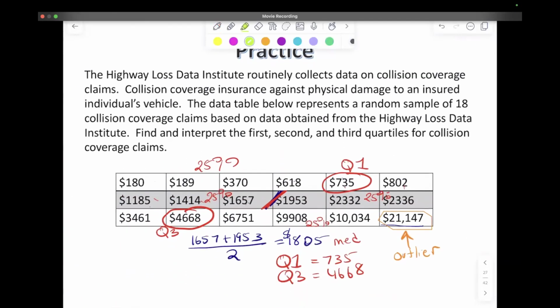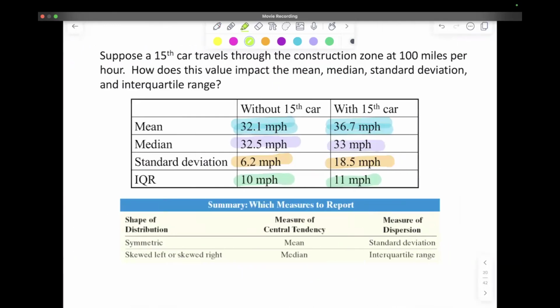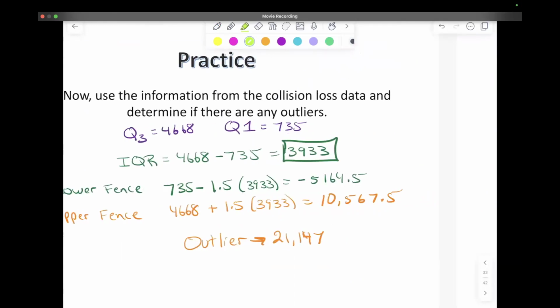Notice this right here is higher than my upper fence. Okay. And then nothing was lower than negative 5164. Exactly. All right. I'm seeing it now. Yes. Okay, good.